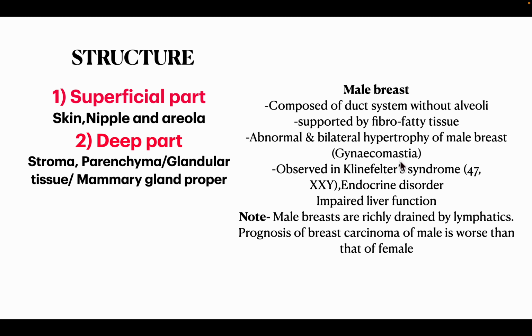That condition is known as gynecomastia, and it is observed in Klinefelter syndrome, that is 47XXY, and it is also seen in endocrine disorders. It is also seen in individuals with impaired liver function. So note that male breasts are richly drained by the lymphatics, and the prognosis of breast carcinoma in the male is worse than that of the female.